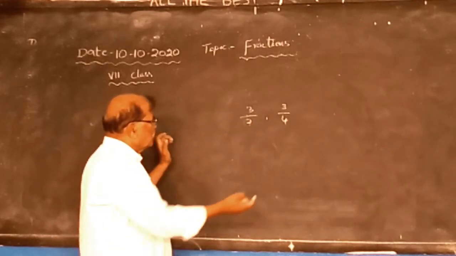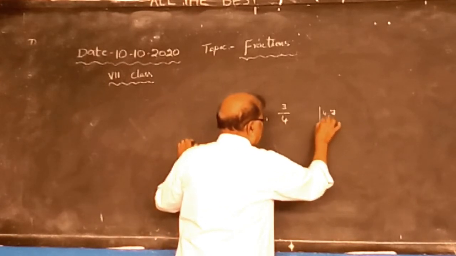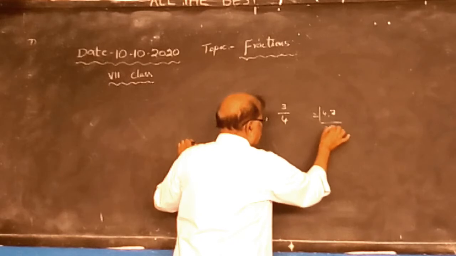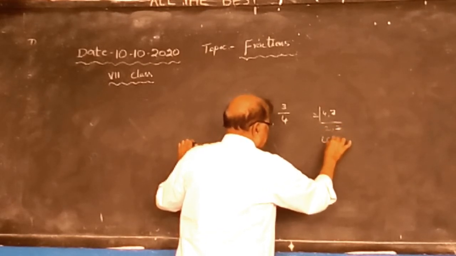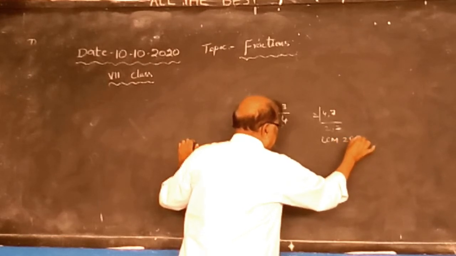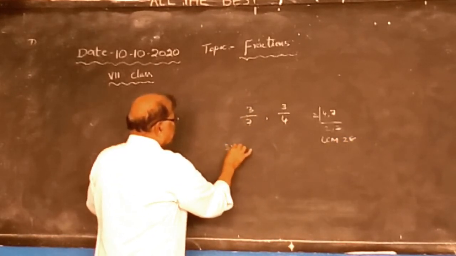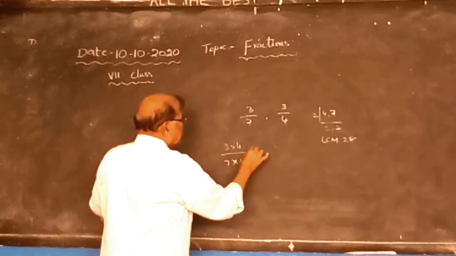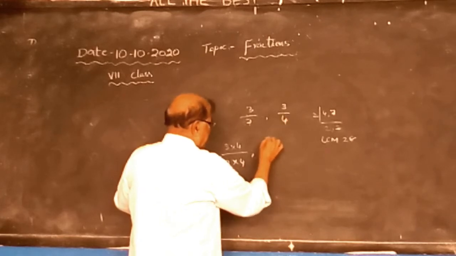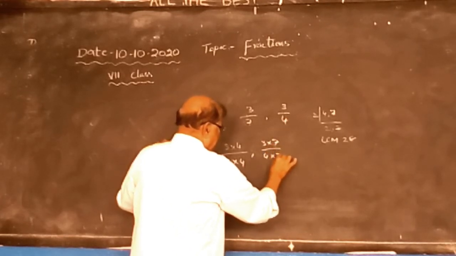So for 4 and 7, 4 is a composite number, it goes in 2s, and 7 is a prime number. So the LCM is 28. To make the denominator 28, multiply the numerator and denominator by 7 for the first and by 4 for the second: 3 into 7 by 4 into 7.